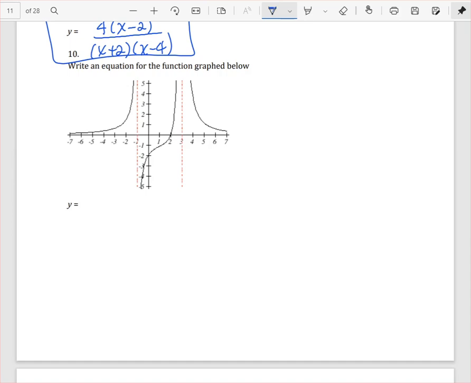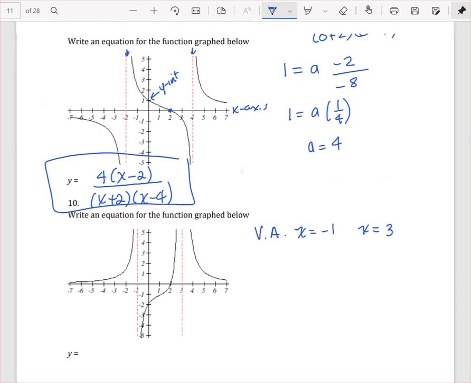Okay, so let's work on this one. Again, we're going to try to find that information first. So let's start with the vertical asymptote. And that would be at x equals -1. And then x equals 3. One thing to notice here is, let's go to this one.